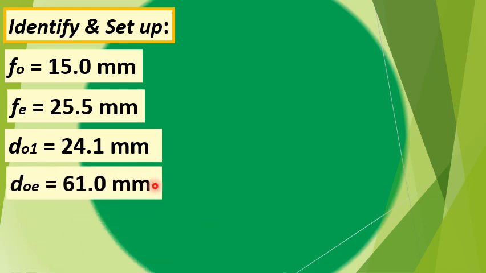And we're also given the distance between the two lenses, denoted here by d sub OE, that is equal to 61.0 millimeters. And our target variable is d sub I2, which is the image distance number 2, which locates the second or final image.